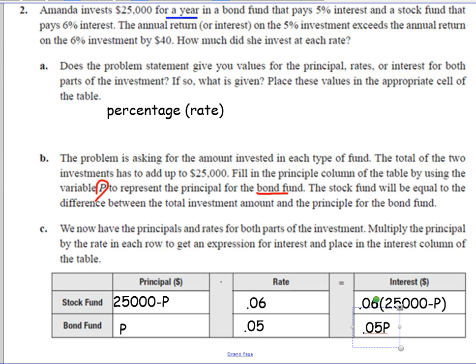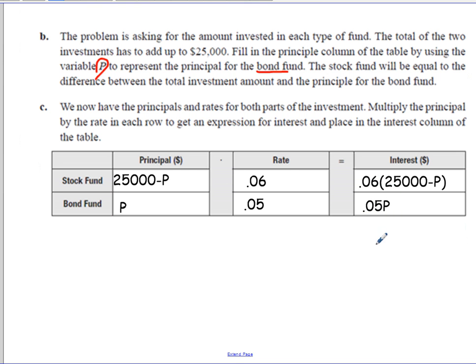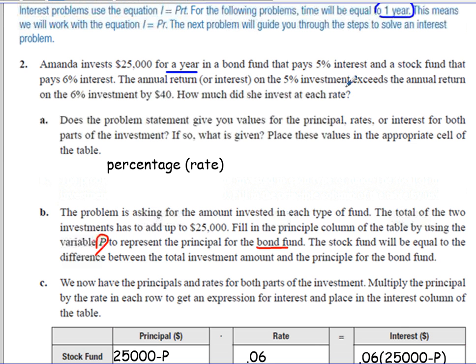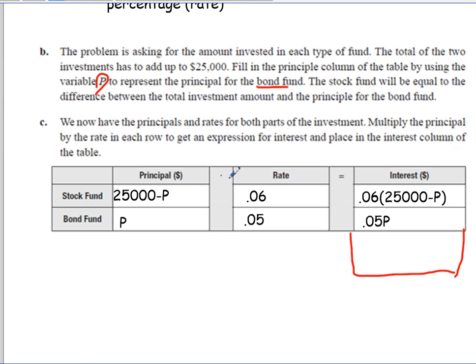Now, what's different here is that when we go to see how we're comparing them down here, again, I like to put that extra information down here. Notice it says that the one interest exceeds the other by $40. And it says the 5% interest, so the 5% is going to be the bigger number. So this one was the bigger. And so bigger minus smaller, we're going to subtract and get $40 difference.